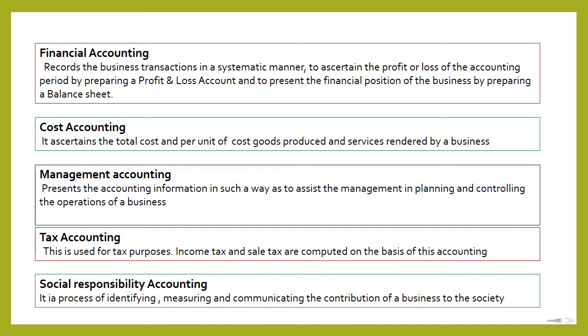So it records the business transactions using the principles and techniques, ascertains the net result of the business, shows whether it is a profit or loss, and shows the financial position of the business by preparing a balance sheet. That is financial accounting.